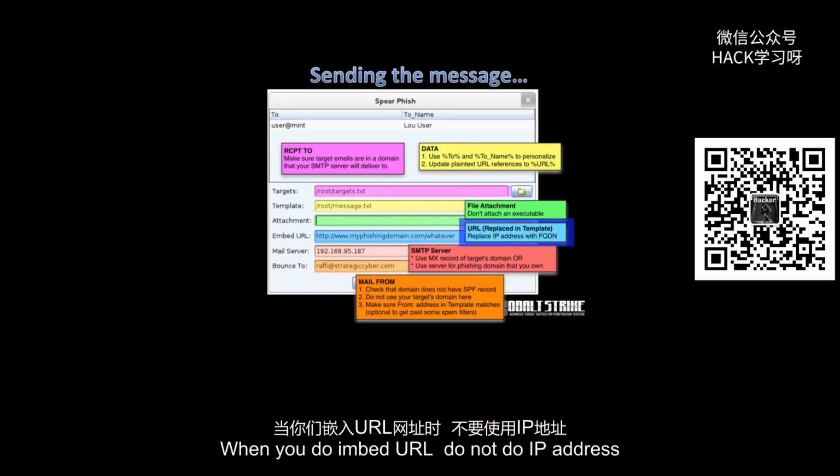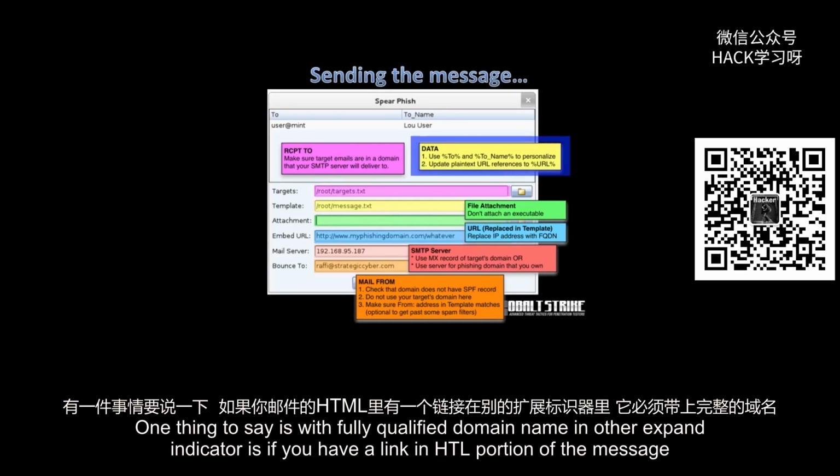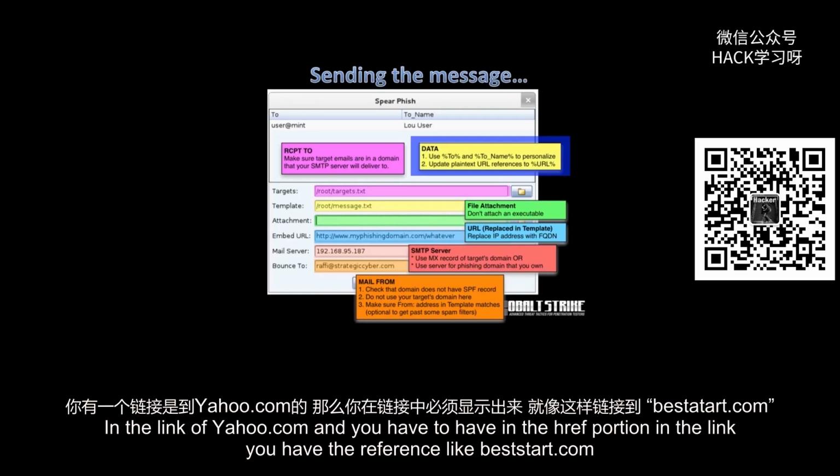When you do an embedded URL, don't use an IP address. Make sure you use a fully qualified domain name. That URL does get replaced in the template. Another spam indicator is if you have a link in the HTML portion of the message and it displays yahoo.com, but in the href portion of the link you happen to reference something like badstuff.com.